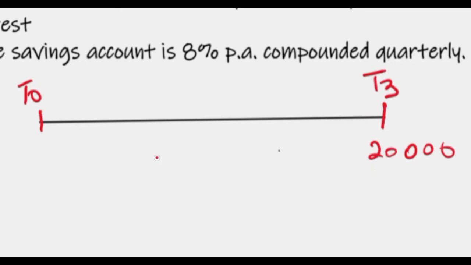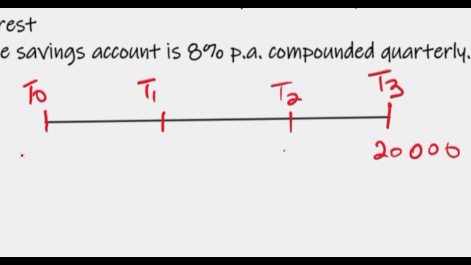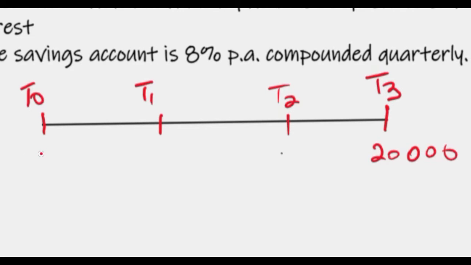Now, they're saying that Andrew is willing to deposit the same amount of money over 3 years. So meaning that if the first payment is at T0, the second and the third would be at T1 and T2. Since we don't know the amount of money we need to deposit, we can say that we deposit X Rand.